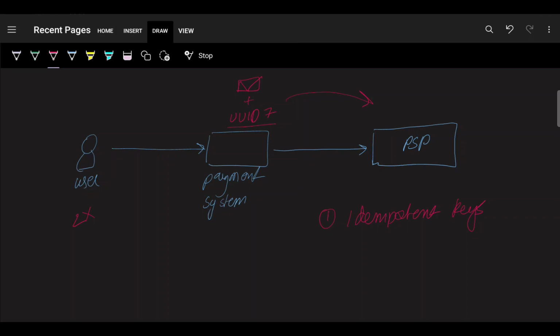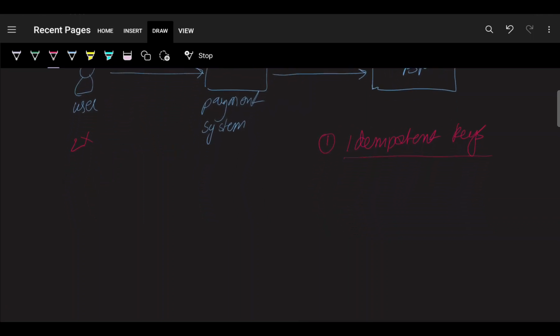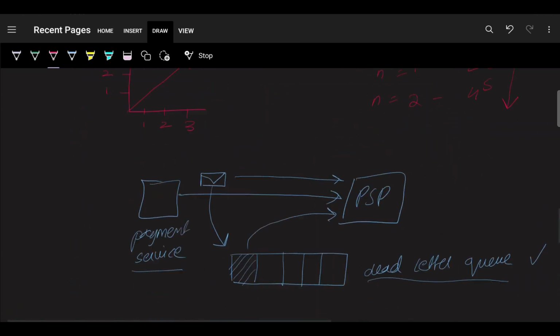So this is one escape from having such a scenario, where you can make sure that your customers don't leave your platform in a very unhappy state. Okay, so that's about it.